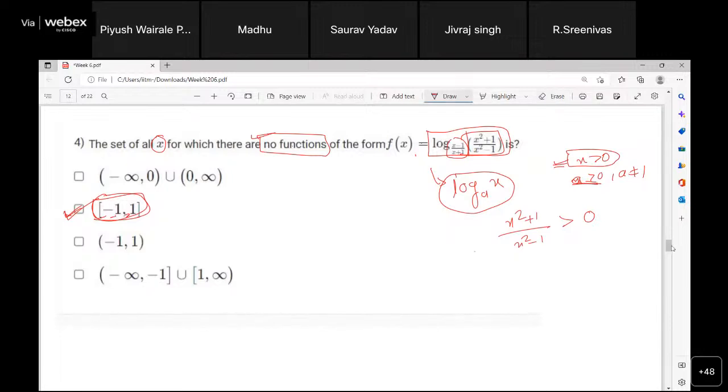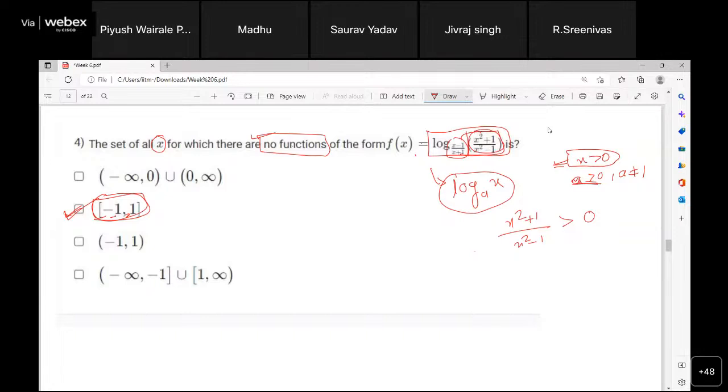So no function means we have to find out the range in which it will not satisfy the domain of this particular function. It will not fall in the domain of this function. When I say this logarithmic function, if you compare with our generalized function, log of x to the base a, our condition is x should be greater than 0 and this base a is greater than 0 and not equal to 1, right? So if you compare with this, this whole term is my x.